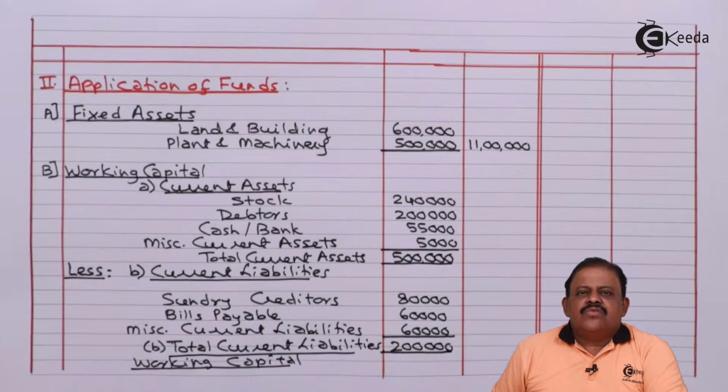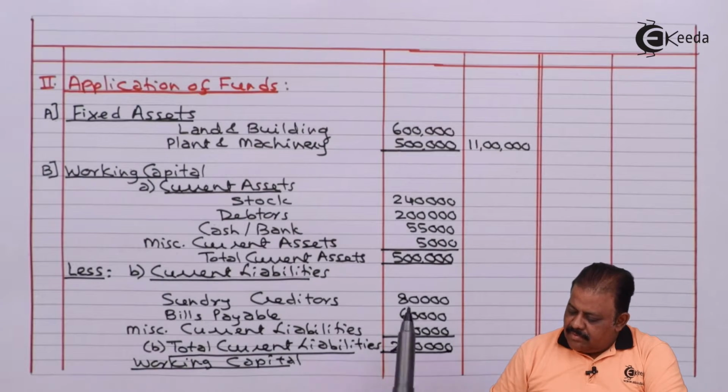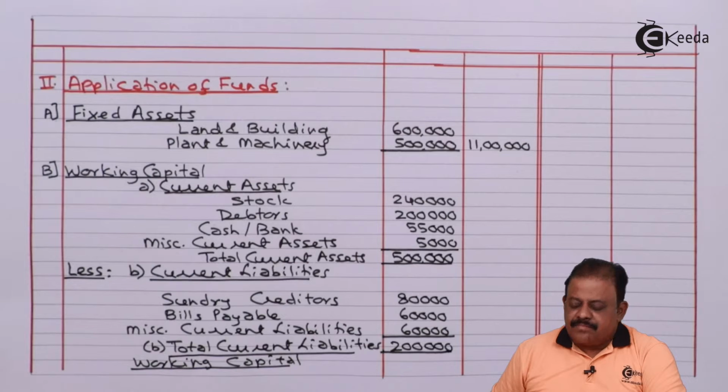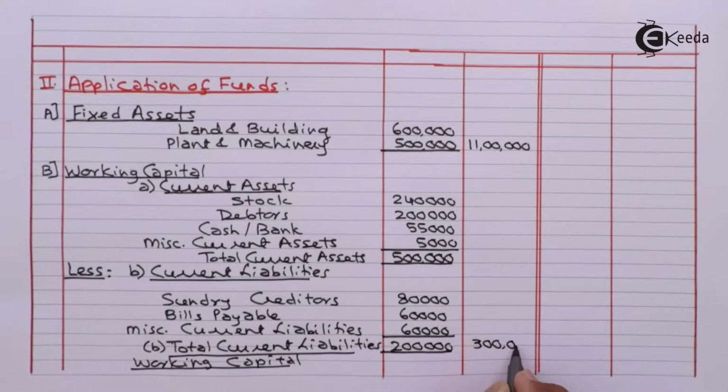We can find out working capital, that is current asset minus current liabilities. Total current asset 5 lakhs minus total current liabilities 2 lakhs. So working capital we have 3 lakhs.